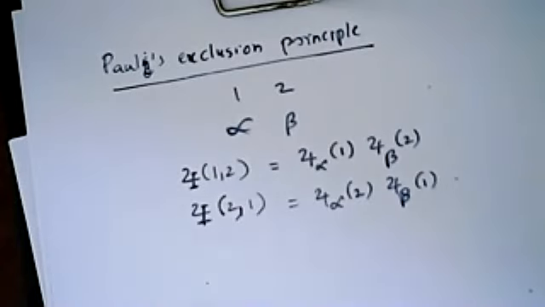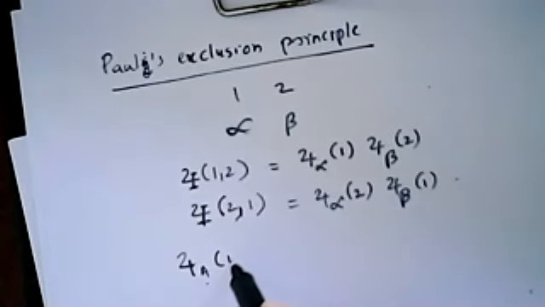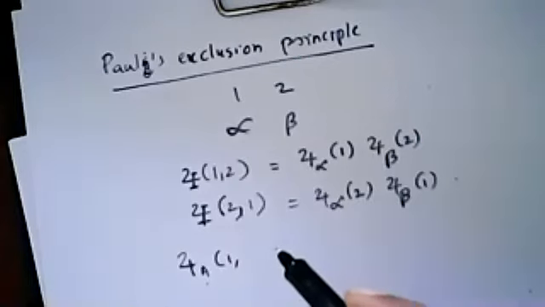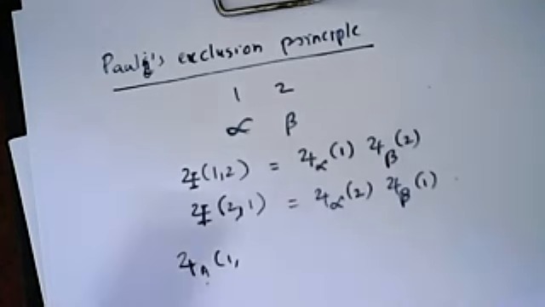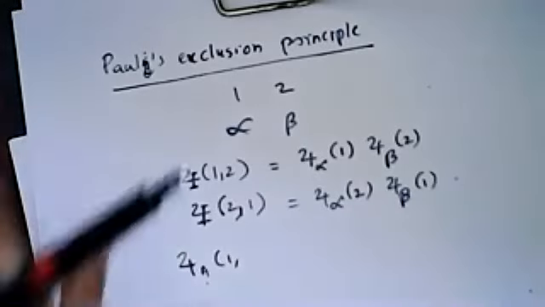Now these are fermions, so we know that the wave function of the system is antisymmetric, that is psi A. What was our earlier equation? Previous equation was this equation. I will show you now.